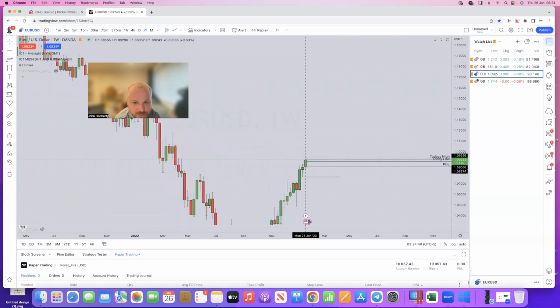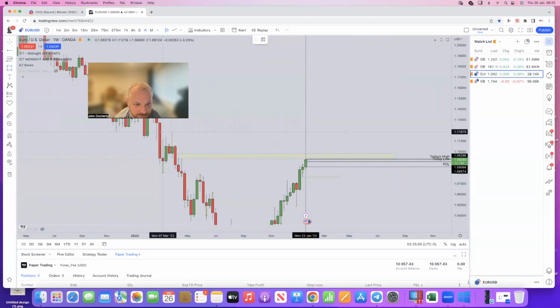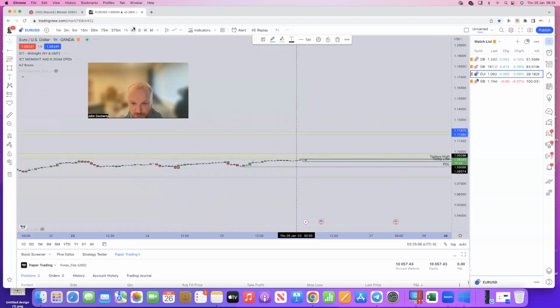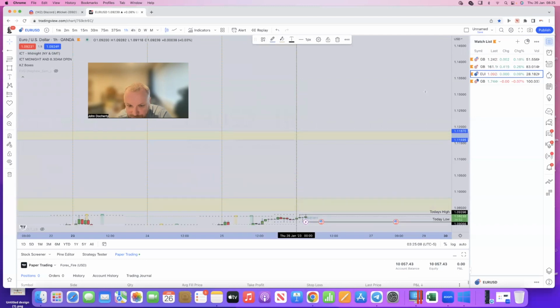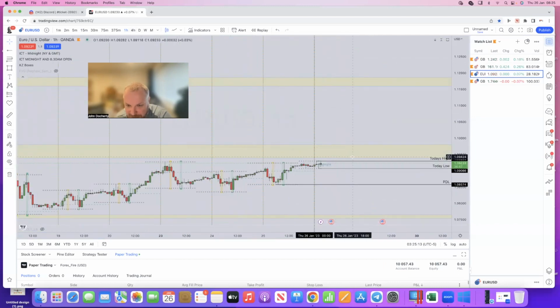There's no fair value gaps there as such, but we do have buy side liquidity residing here on a weekly, and also, in fairness, we've got some up here, but that's a mile away, to be honest. Come back down to the 1 hour. You can see we might actually end up playing into this today before we get a spike down.